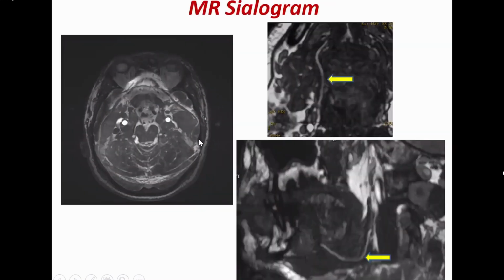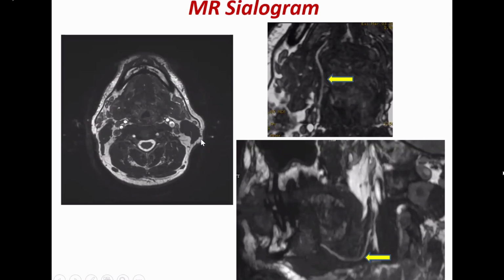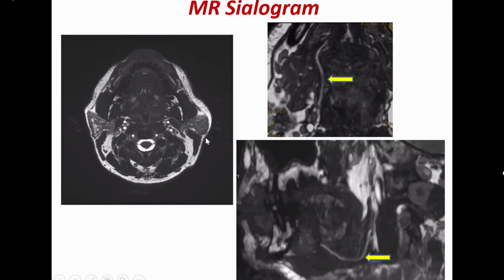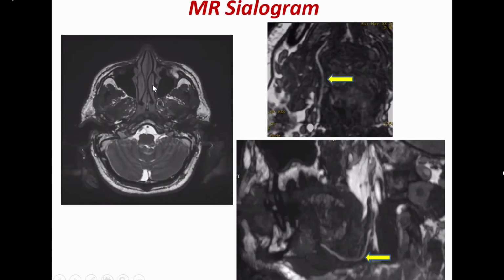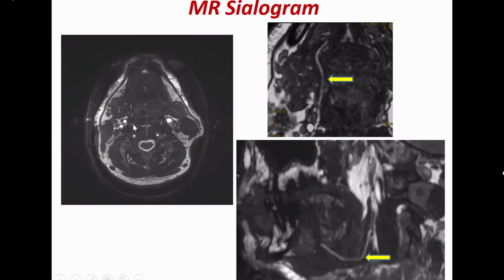Right. Next, one more application of this Fiesta. You might have come across requisitions asking for an MR sialogram. Fine, but then the most important will be your 3D acquisition, the Fiesta 3D sequence.